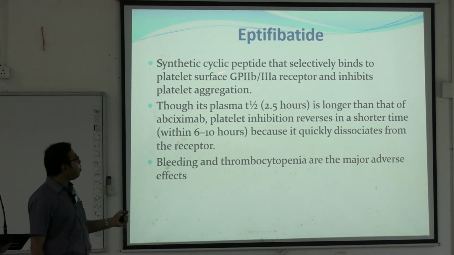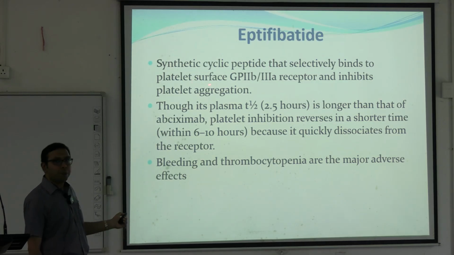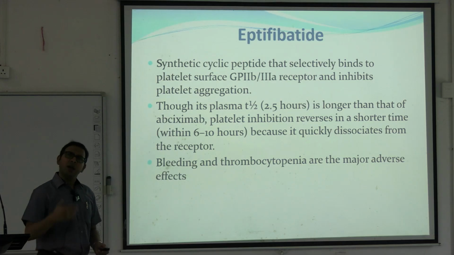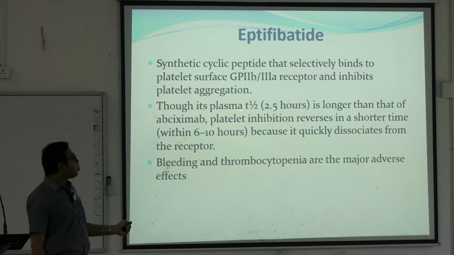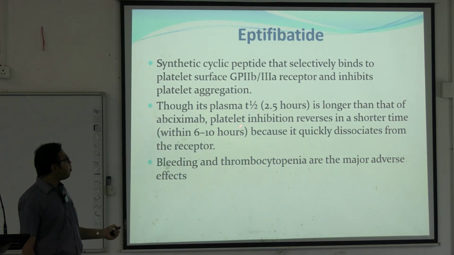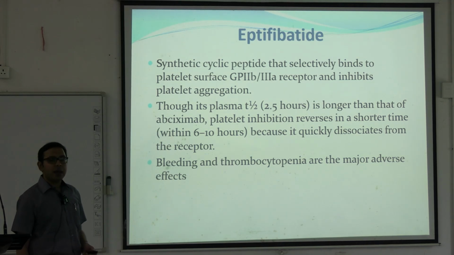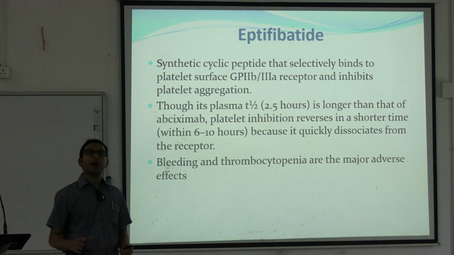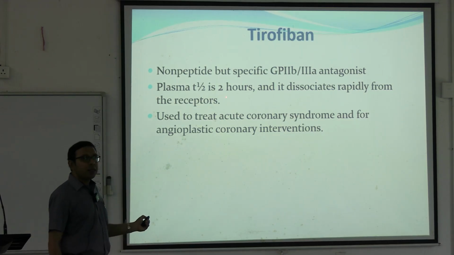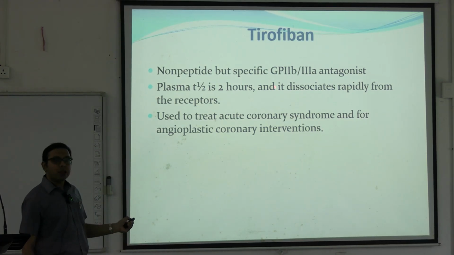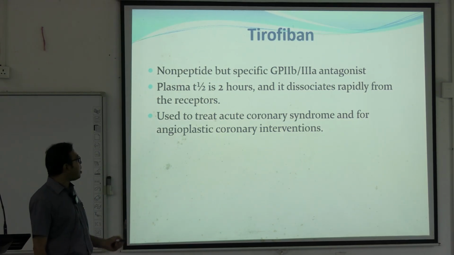Eptifibatide is a synthetic peptide that selectively binds to the platelet surface GP2B3A receptor and inhibits platelet aggregation. In a similar way, its plasma half-life is longer, platelet inhibition reverses in a shorter time, and bleeding and thrombocytopenia can happen. More or less the mechanism of action is similar. Tirofiban is another, non-peptide but specific, GP2B3A receptor antagonist.